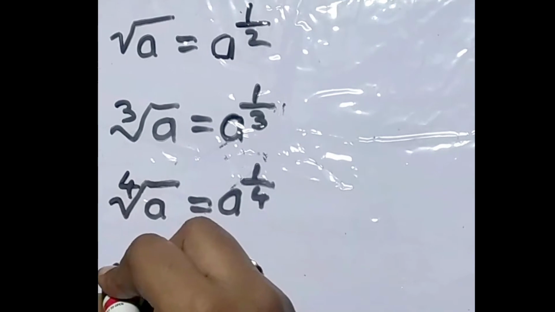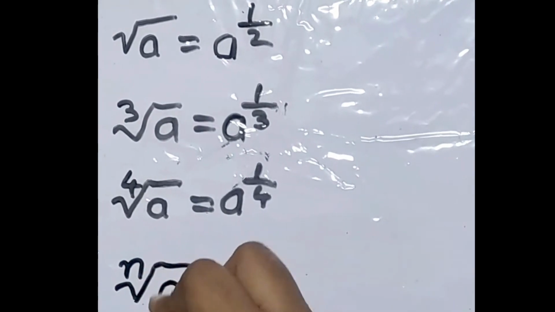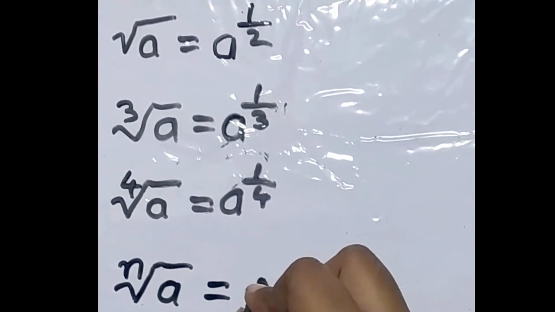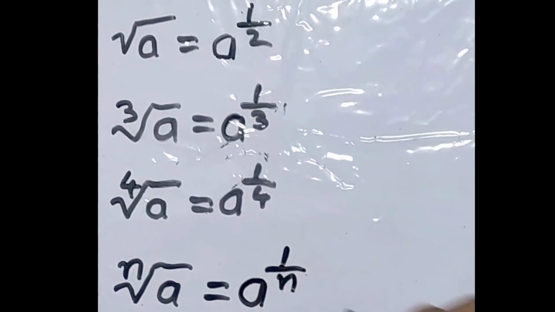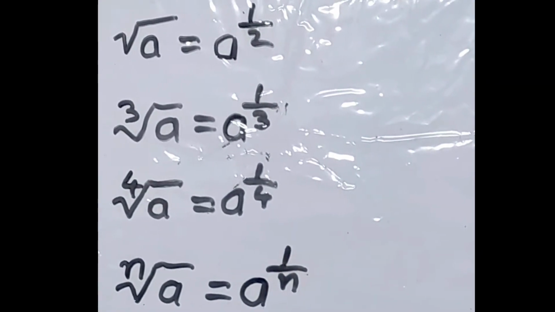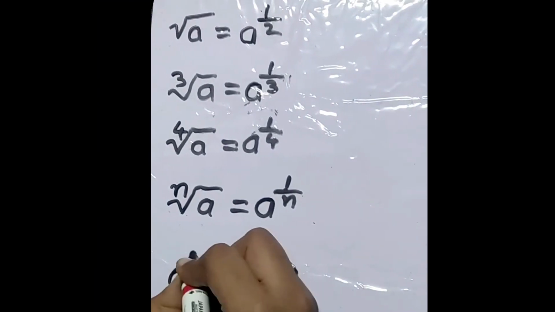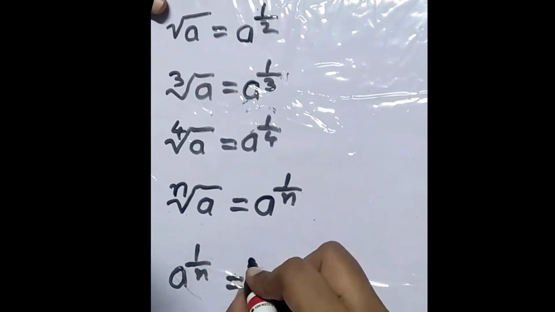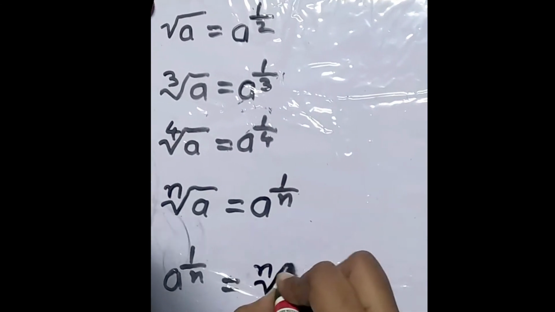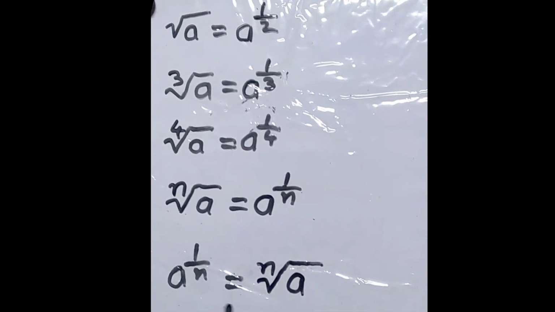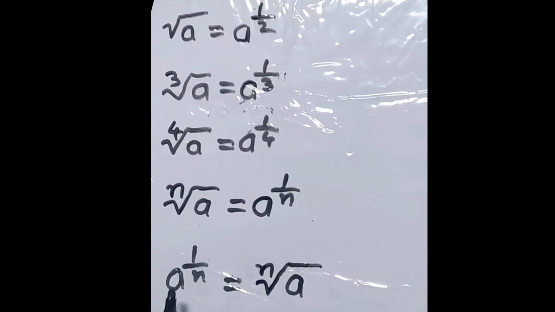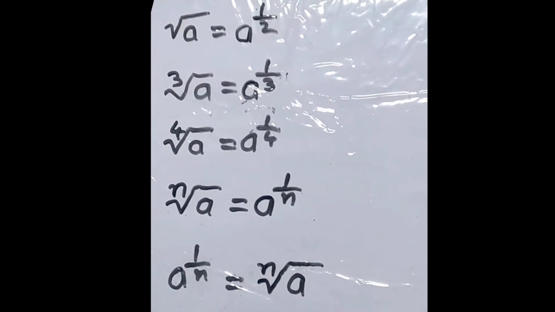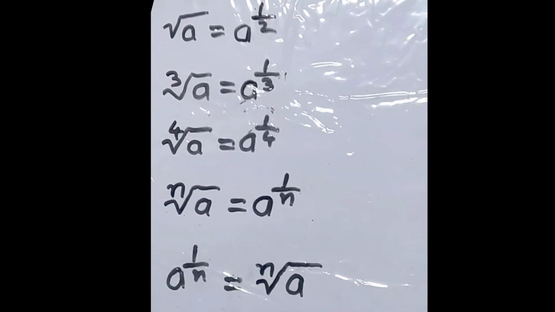Like this, the nth root of a is shown as a raised to 1 upon n. So a raised to 1 by n means the nth root of a.